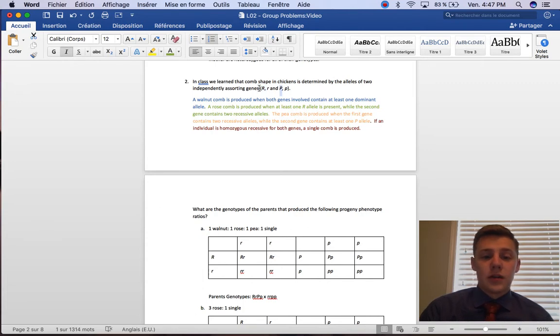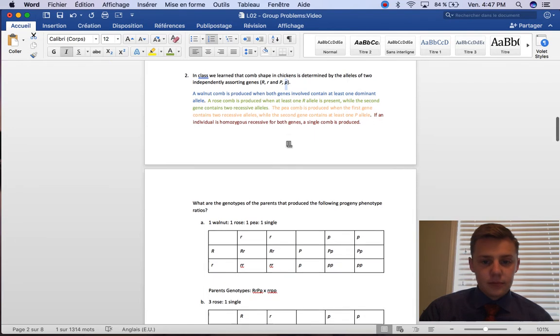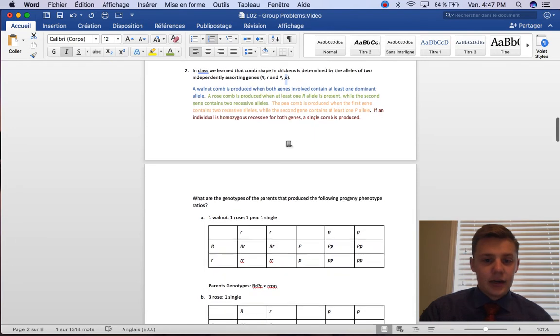However, with a rose comb, if one of these is dominant and one of these are recessive, then it's a rose, and so on and so forth with a pea comb. And if both of them are homozygous recessive, it's a single comb.